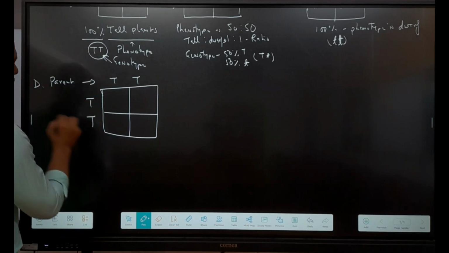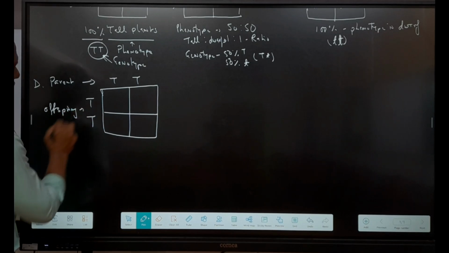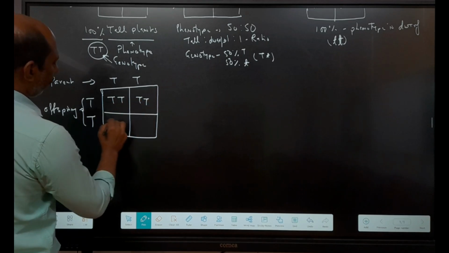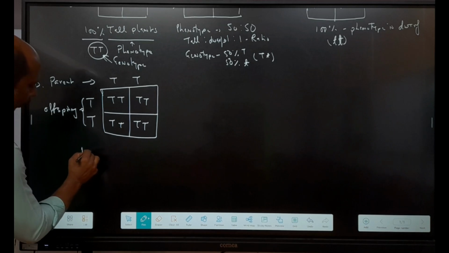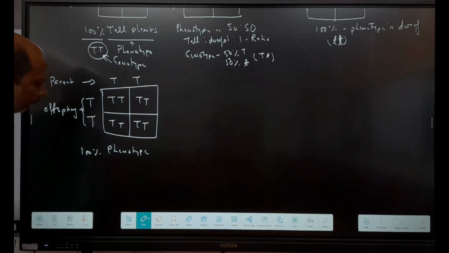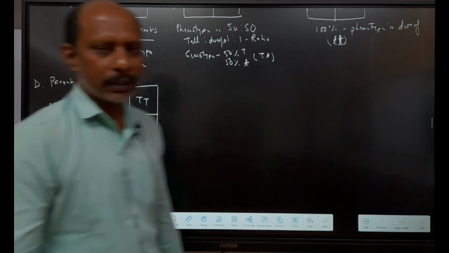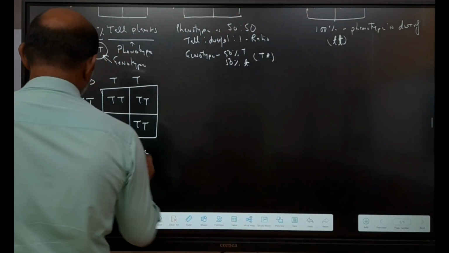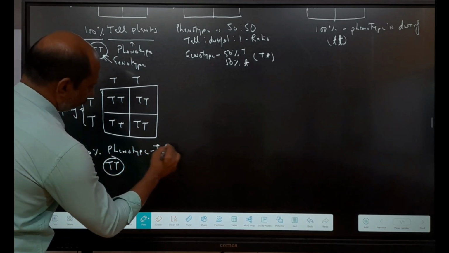This side offspring is there. This is offspring, right? Then what we get? Capital T means phenotype. 100% phenotype is capital T. We cannot understand because phenotype 100% is tall, right? 100% phenotype is tall, right?